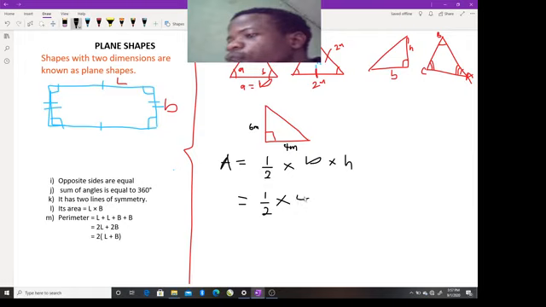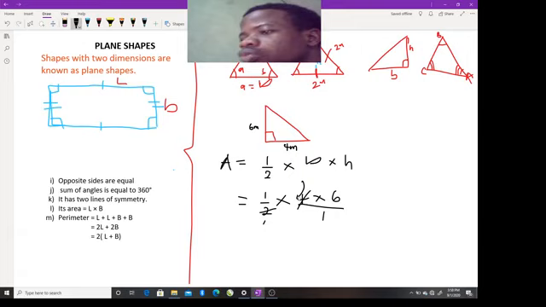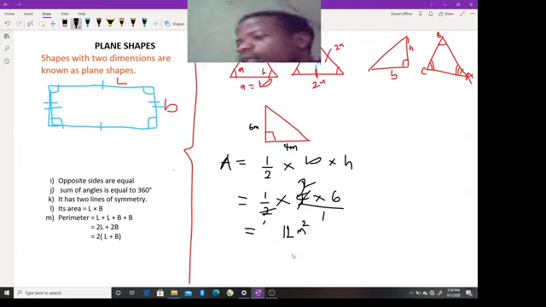The base is 4, then times the height, which is 6. So if you like, make them over 1. So 2 cut this, 2 here 1, 2 here 2. So the answer becomes 2 times 6, and that is 12 meters squared. That's the area of that.